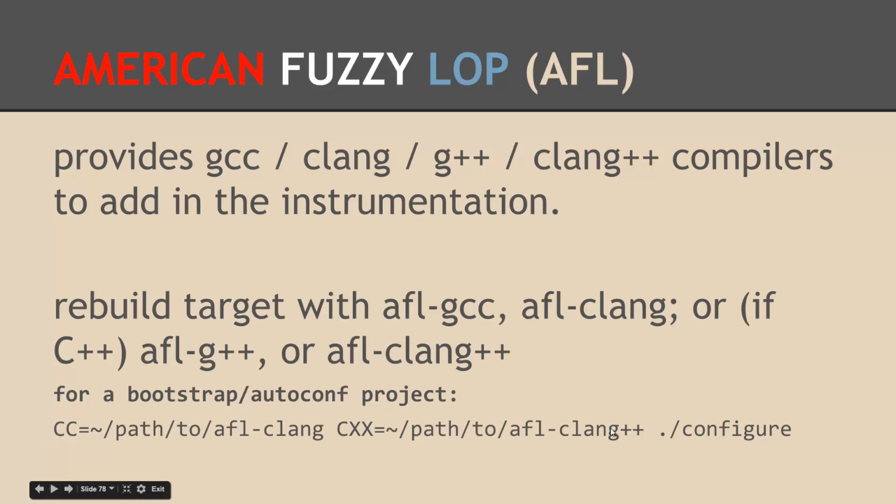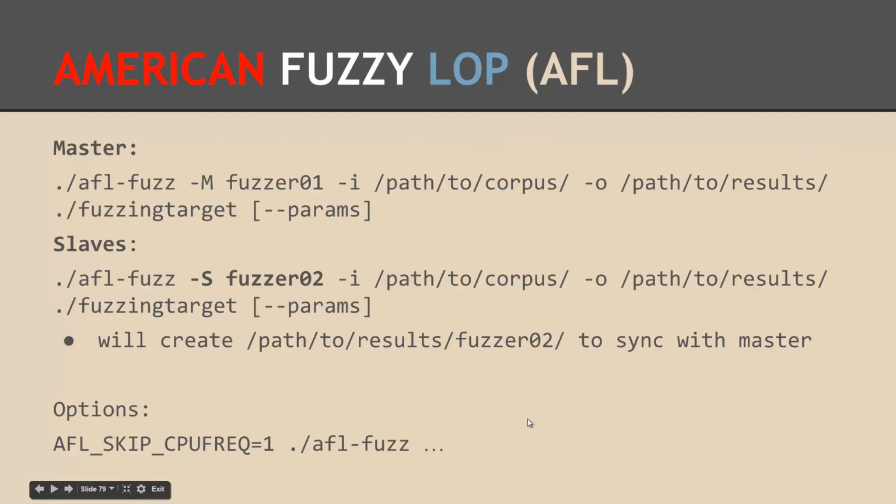This is a one-liner that will do it. You simply tell it which C compiler and C++ compiler to use by providing these environment variables for the context of this given command, which will be ./configure. And it will just go ahead compiling it with the AFL compilers, which will add in the binary instrumentation.